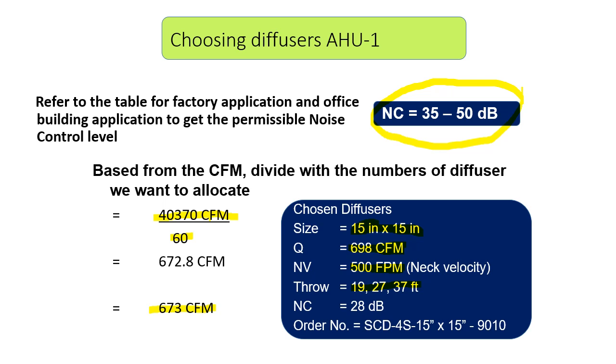And the noise control level is 28 decibel. And if you see here, it's still in this range, or does not exceed the range of 50 decibel. And this is a model number for the related diffuser.